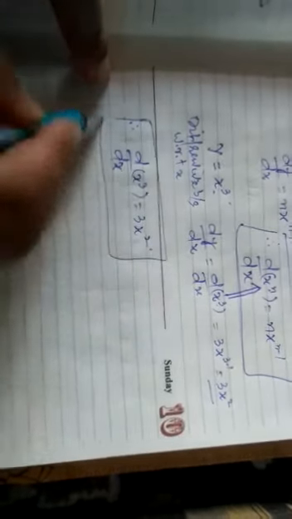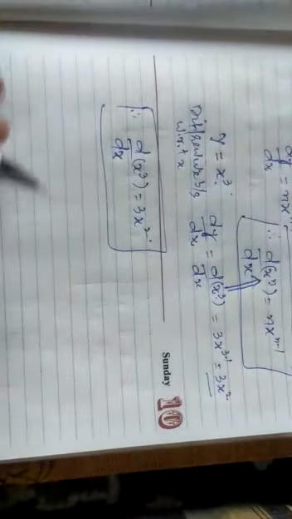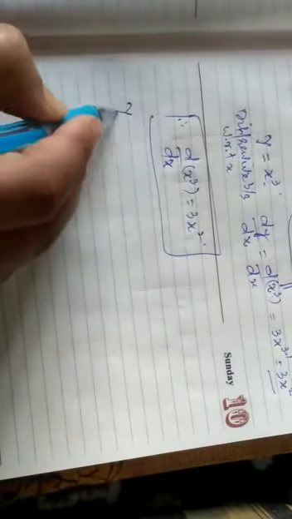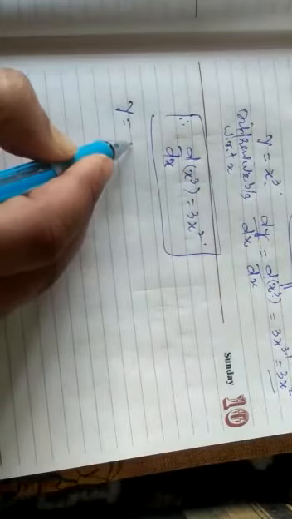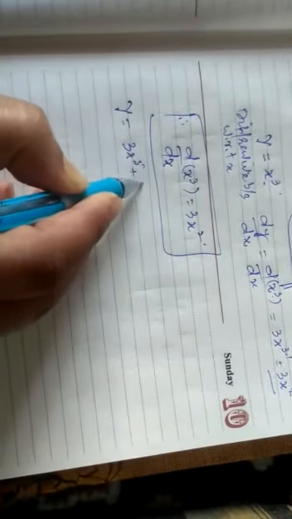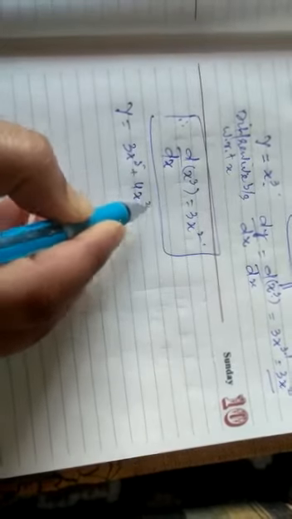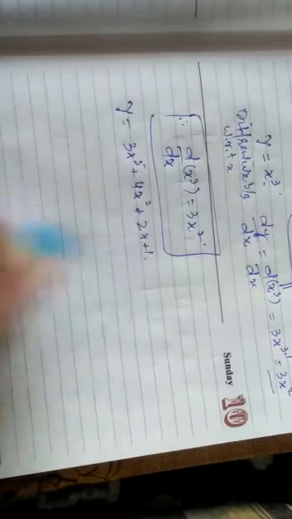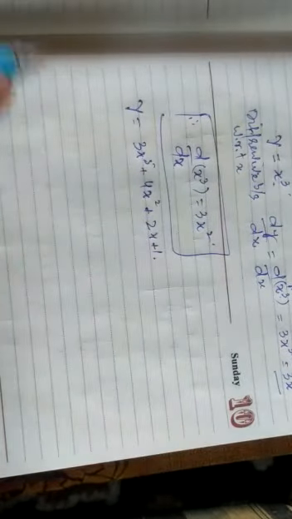This is the differentiation of x cube. Now we can have another function. If we have y equals 3x raised power 5 plus 4x raised power 2 plus 2x plus 1, we have to differentiate this.